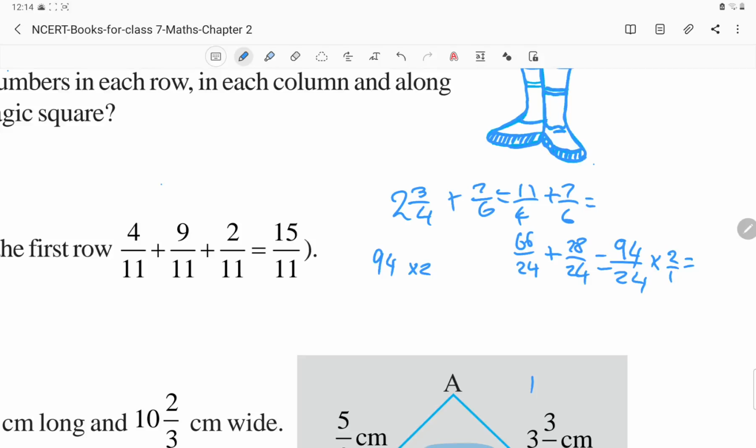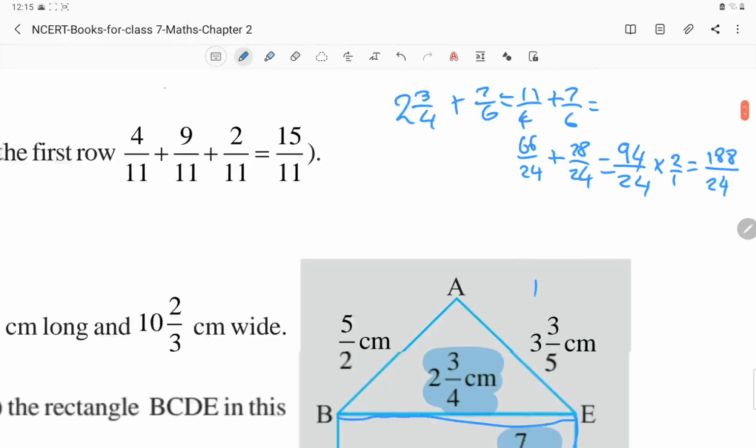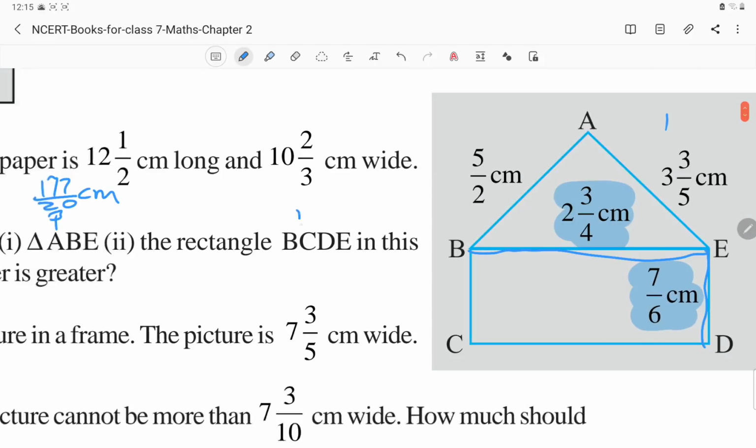Again, mental. 9 times 2 is 18. 90 times 2 is 180. 4 times 2 is 8, sorry. So 180 plus 8 is 188. 188 by 24. That is the answer for this one. 188 by 24.